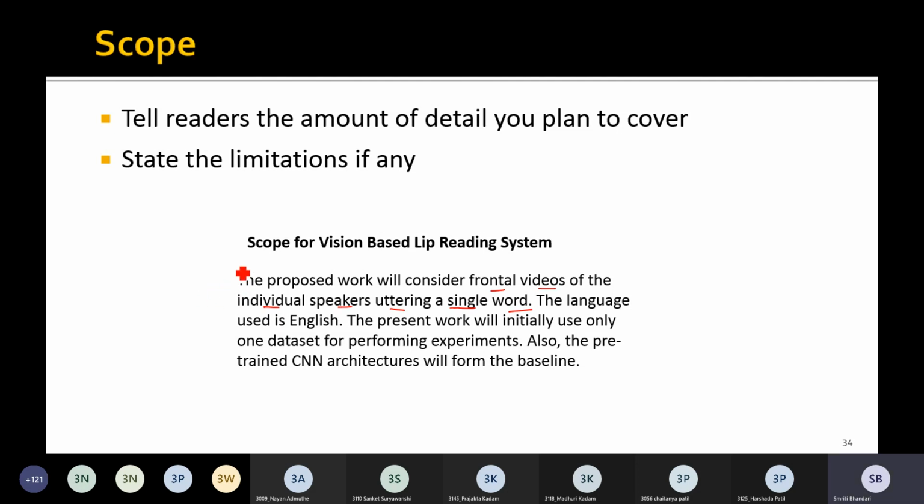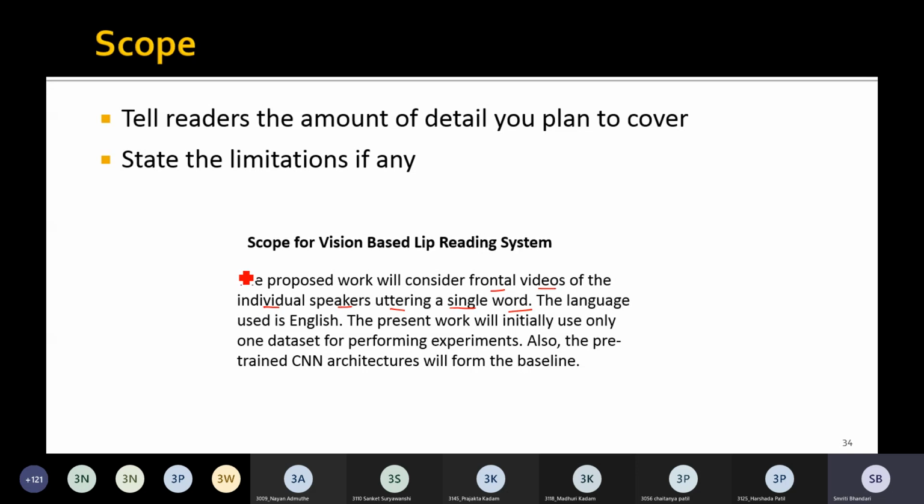So while building this solution, the team has some limitations, and what they are trying to do is build a system that will take only the frontal videos.